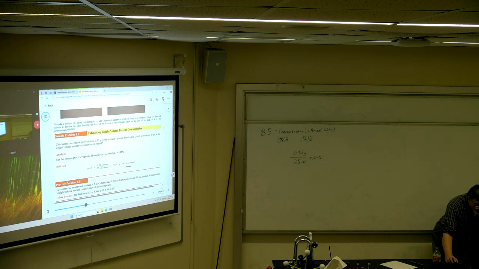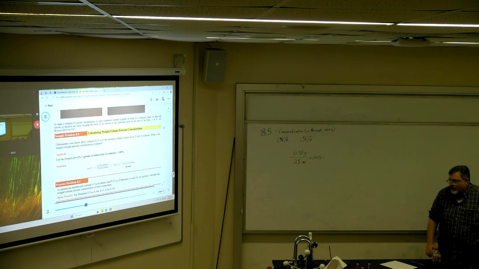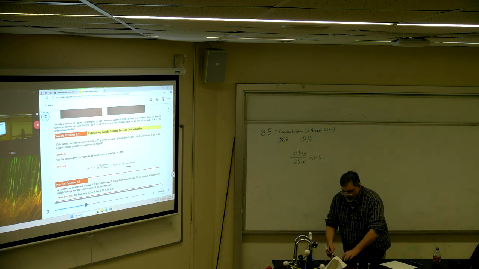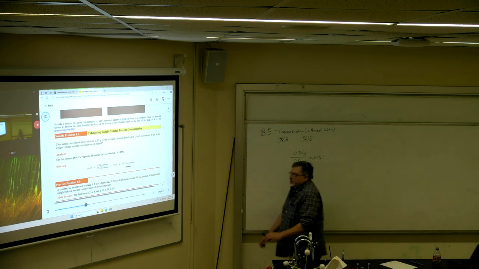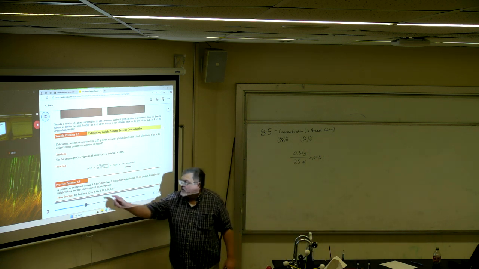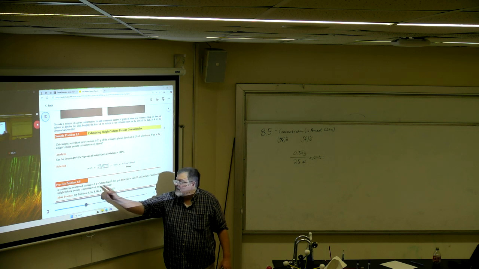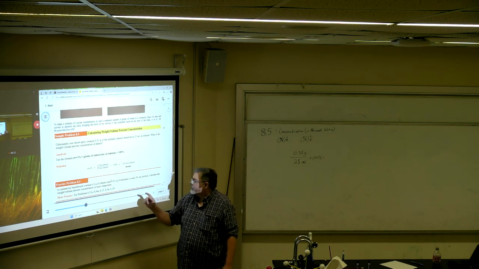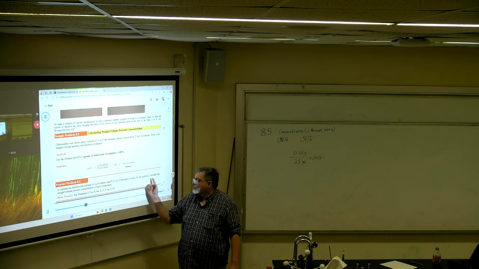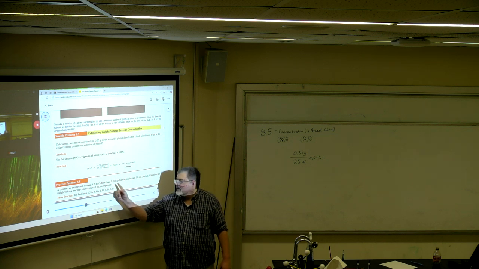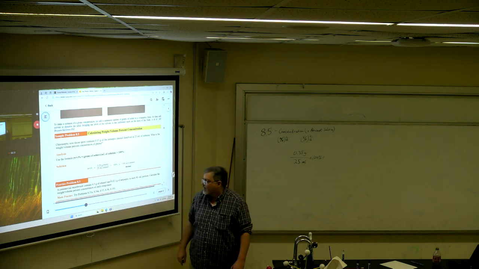Right? This one down here, 4.3 grams of ethanol. You can have more than one thing dissolved in a solution. This one's saying 4.3 grams of ethanol in a 30 milliliter solution. And it has another thing, this antiseptic, 0.021 grams.